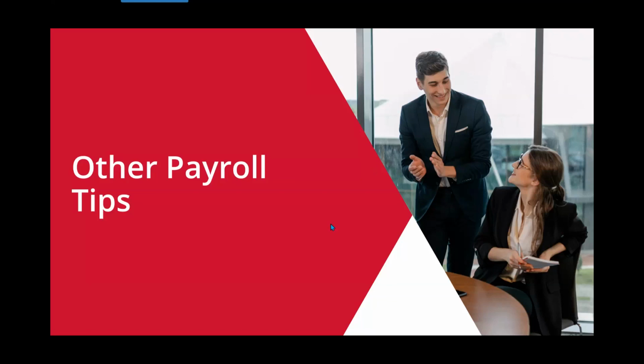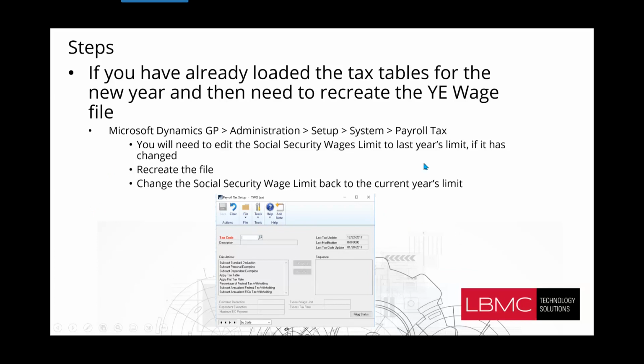Okay, some other little tips. If you've already loaded your tax tables for the new year and then need to recreate the year-end wage file, you can do so by going to Administration, Setup, System, Payroll Tax. You will need to edit the Social Security wage limit to last year's limit if it has changed. And remember, I've told you that it's changing.